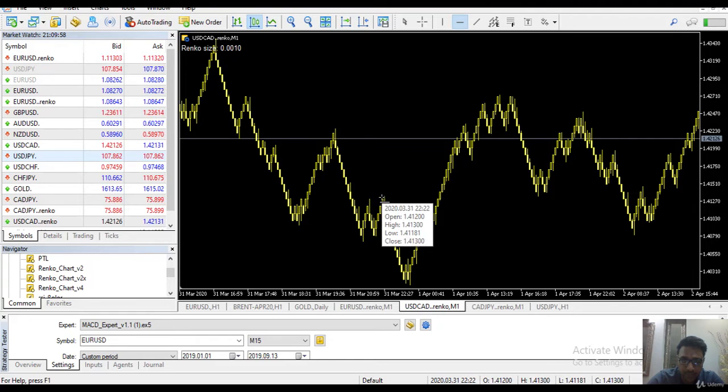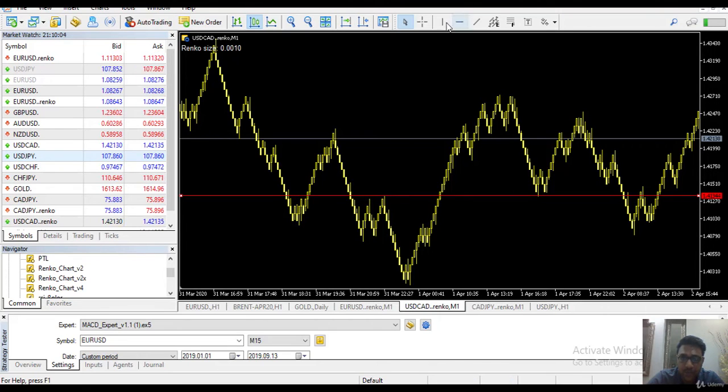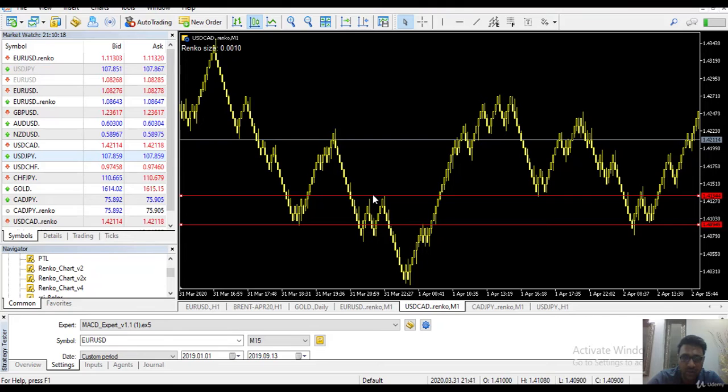The upper range is this area, and the lower range you can count as this area as well, right? Anywhere from this area. So you can see this area had been a little bit in a range area.